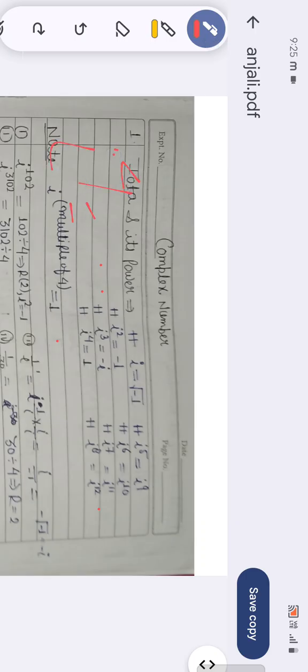We can break iota to the power 4 into iota to the power 3 and iota. The value of iota to the power 3 is minus iota, times iota, which is minus iota square. The value of minus iota square will be 1.